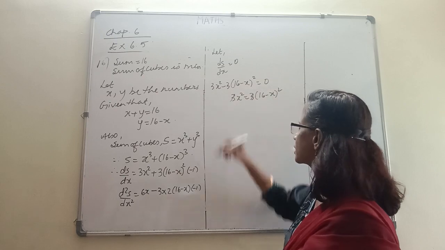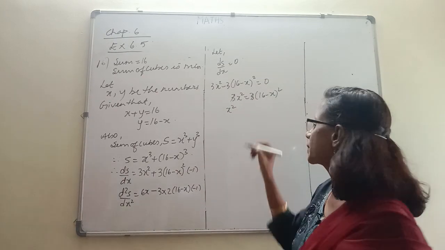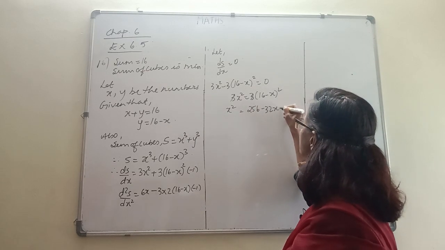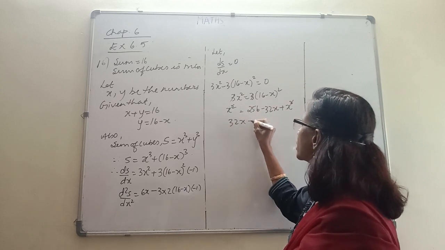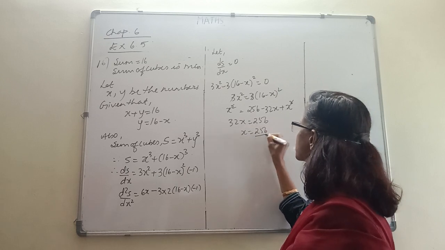We can cut the 3, and now let's expand this: it is 256 minus 32x plus x squared. So the x squared gets cancelled, and we get 32x equal to 256.